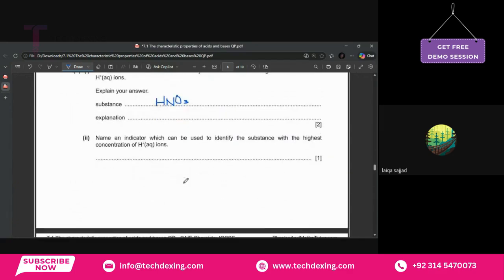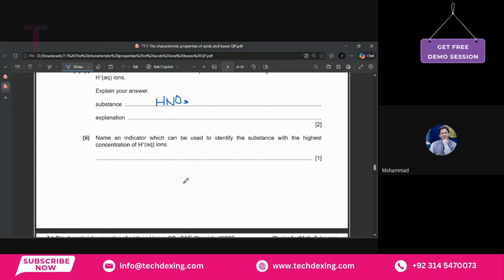You have to name an indicator which can be used to identify the substance with the highest concentration of H plus ions. Universal indicator. Very good. And what's the reason?